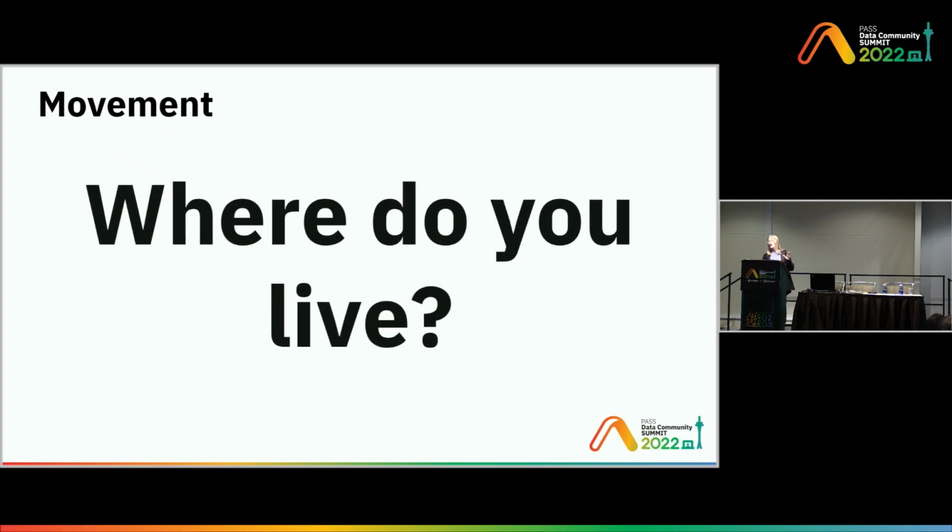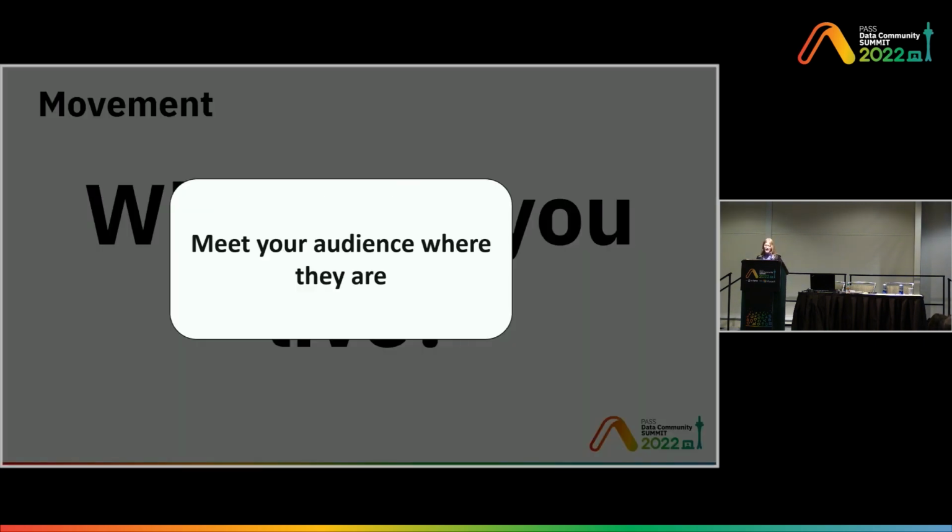So as an example, we often get this question when talking to new people: where do you live? This is where consideration for your audience comes in, and it's really not hard. We do it every day. I live in Mission, which is a neighborhood in Calgary, which is a city in Alberta, which is a province in Canada. And so if somebody in Calgary asks, where do you live?